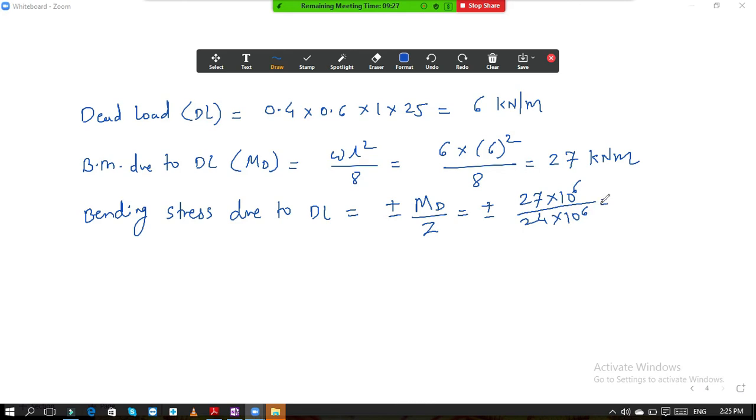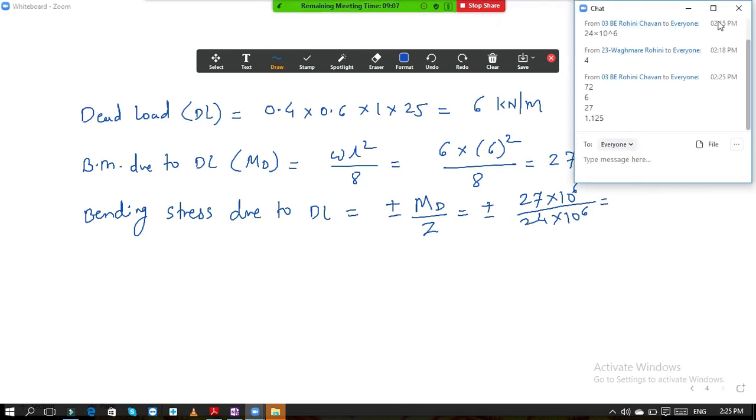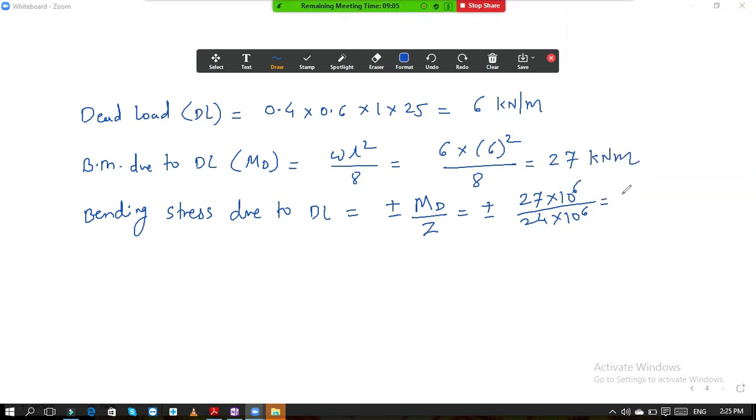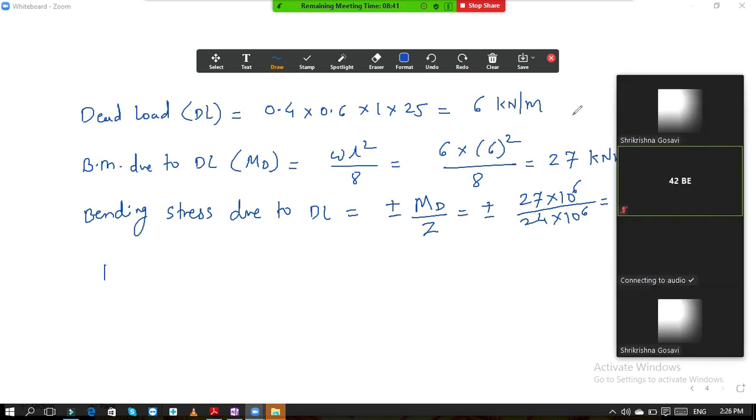What is the answer? 1.125. This is plus minus 1.125, unit MPa, Newton per mm square. Okay. So now we will calculate the total stresses, or we will call this the resultant stress.